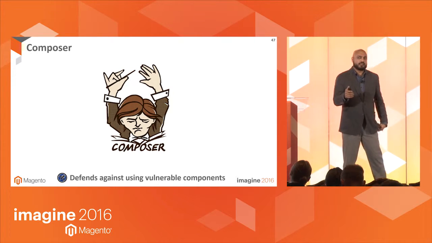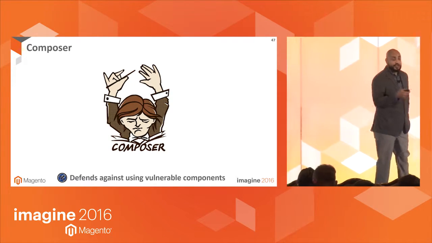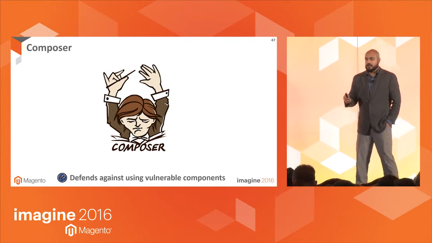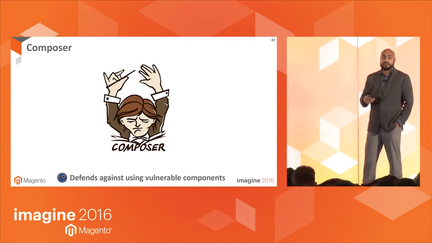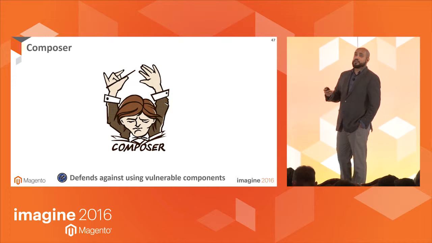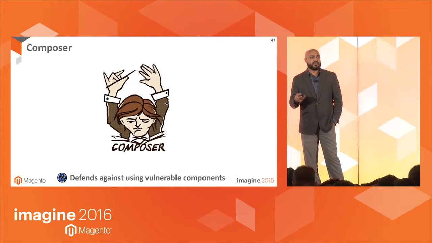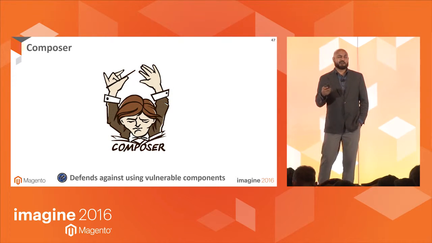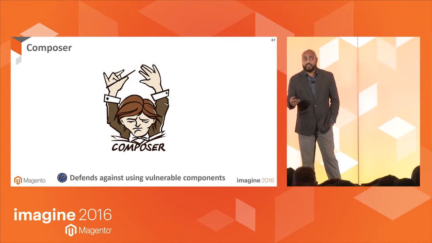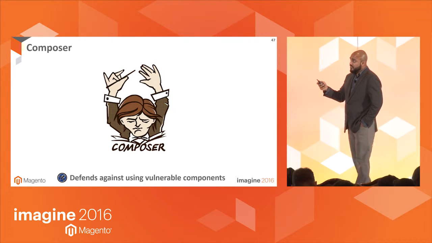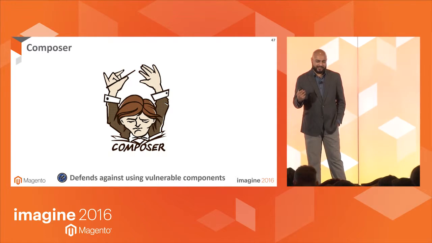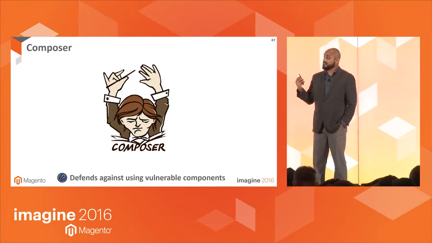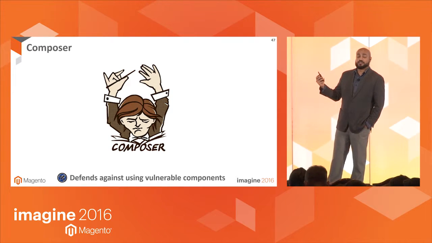So if you're building something new for Magento 2 and you need a standard library, don't drop the code into your module. Use Composer. Build the JSON rules properly, and you'll always have the latest patched minor version of the code that you need. I really, really like Composer. This was actually sorely needed in Magento 1, and the fact that we have it now would solve a lot of vulnerable components that exist in the code base.